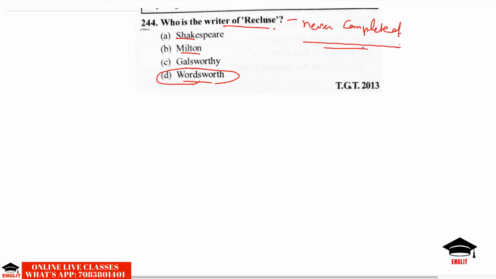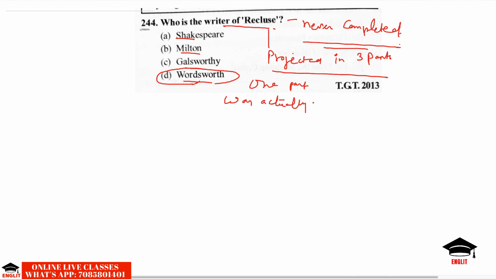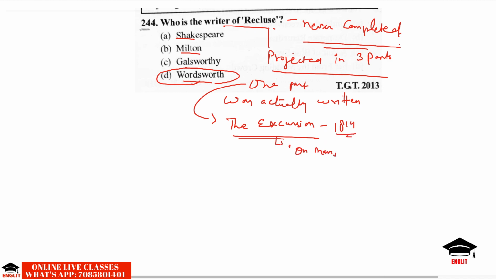It was projected in three parts. However, only one of these three projected parts was actually written, and this one part was known as The Excursion, published in 1814. The Excursion was a long poem on man, on nature, and on human life.